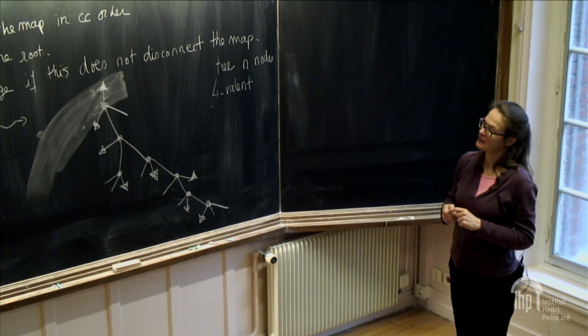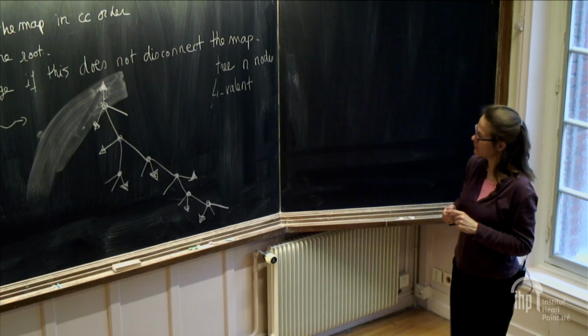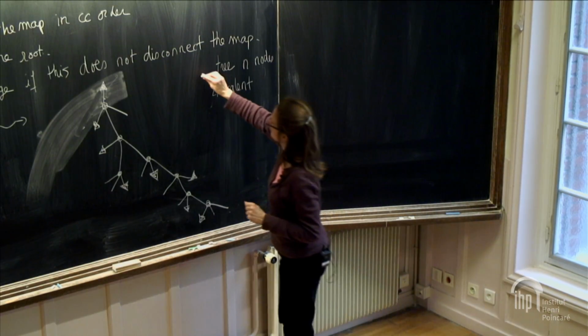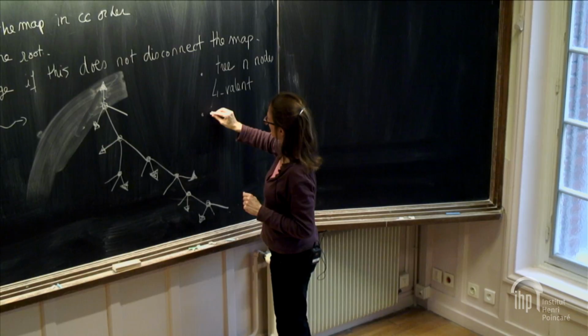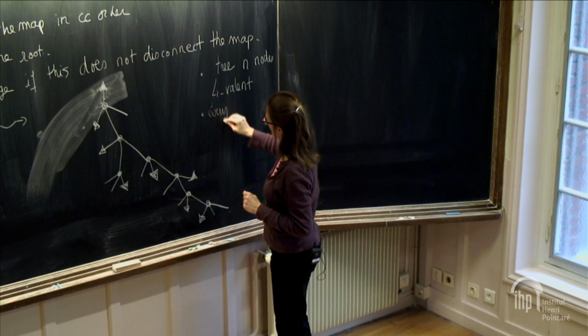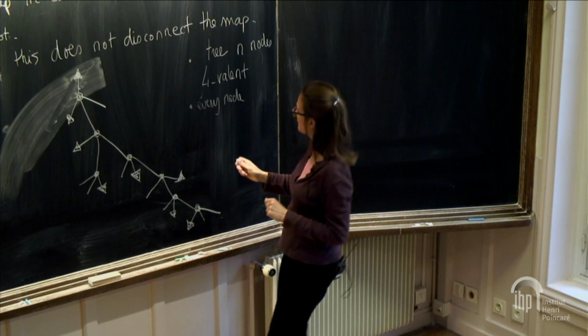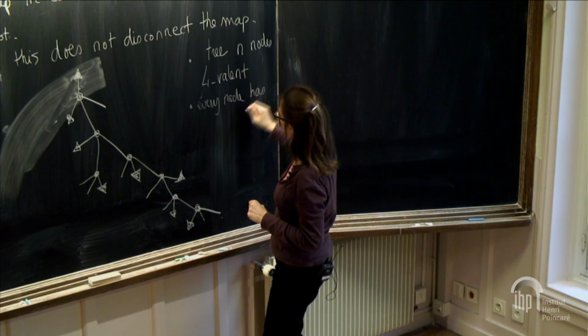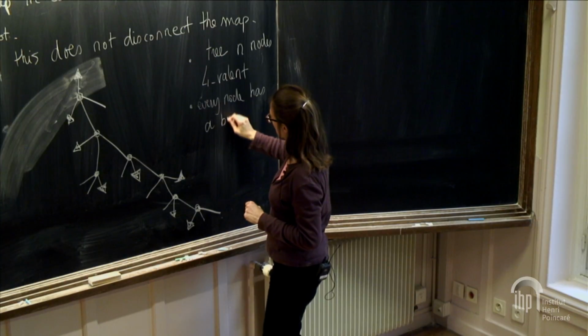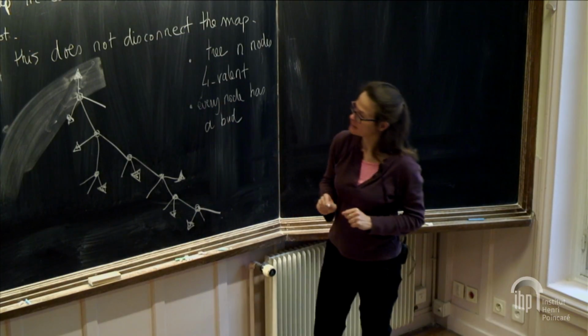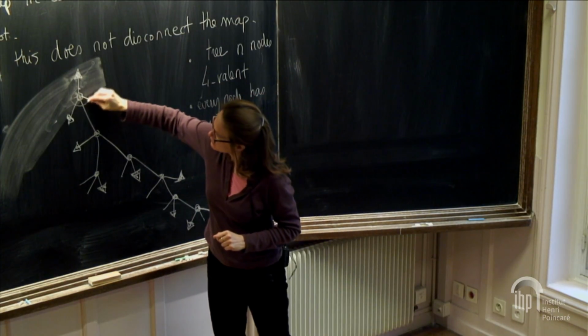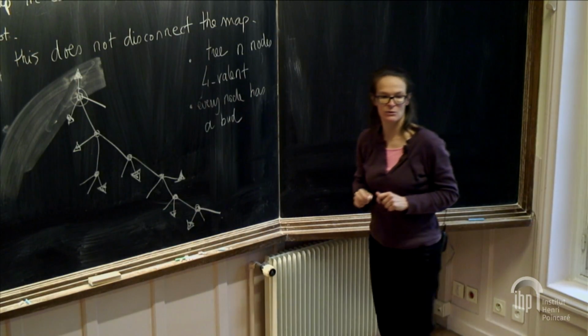And then it's not very hard to see that every node is incident to four half edges, and in fact one of them is a bud, with the exception of the root vertex, which has two buds.